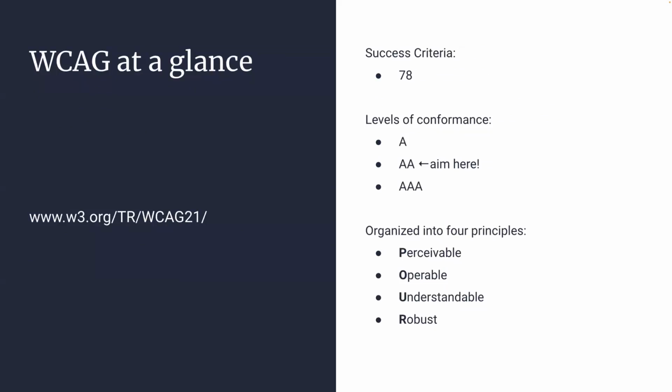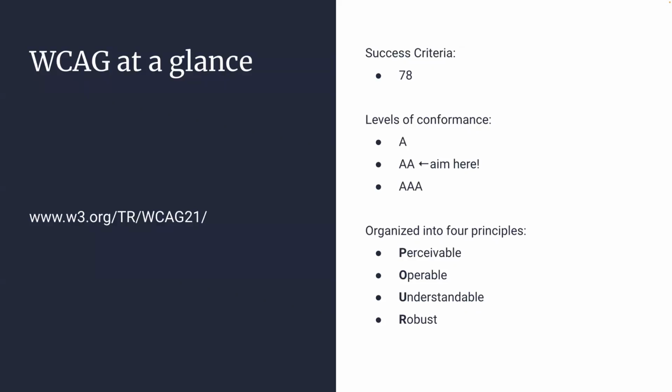AA is more accessible to more people and will work with the most assistive technology out there. AAA is the strictest and is the hardest to achieve. Most organizations aim for AA, which is the level W3C itself recommends for most organizations. Success criteria are organized into 4 principles called POUR, which stands for perceivable, operable, understandable, and robust.